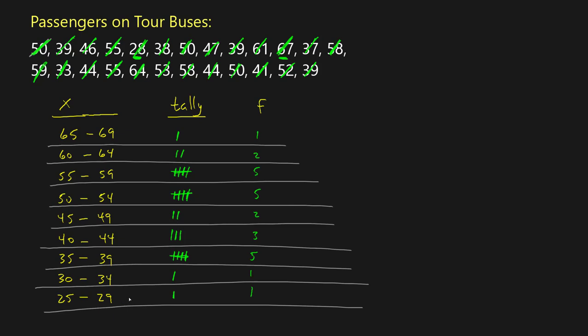Okay, so we can do a quick check here to make sure that nothing has gone wrong, and the simplest way to do that is to calculate your sample size using the sum of your frequencies. So 1 plus 2 makes 3, and then we have another 5 and 5. That brings me up to 13, 18, 19, 20.